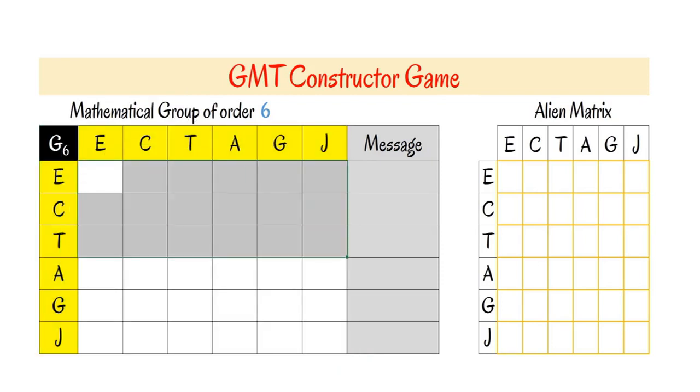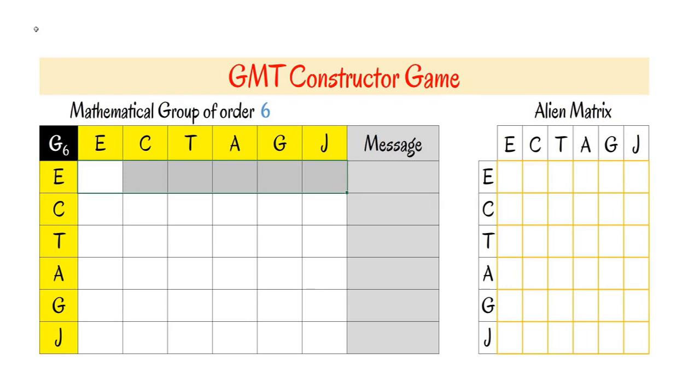All you have to do is fill all these rows and columns, and you should always keep in mind the rearrangement theorem, which says every row or every column should be a rearranged version of the group elements. This game also will indicate where you have made a duplication along the row or along the column by changing its color.